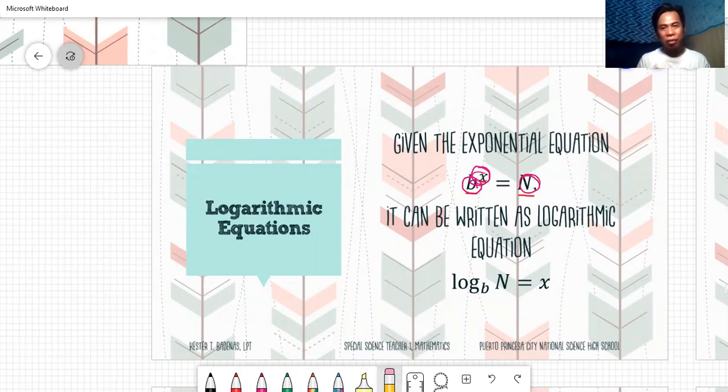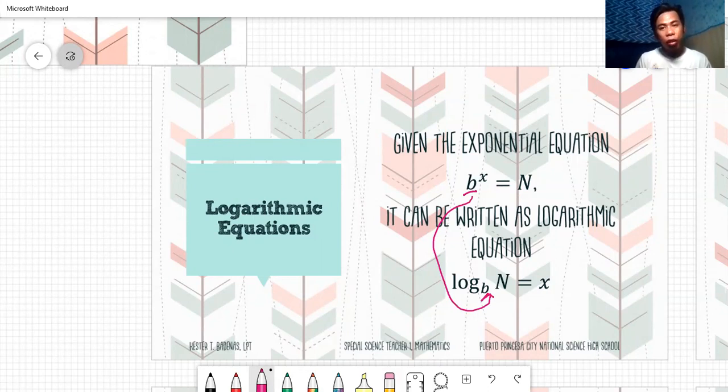So the base in the exponential equation would still be the base in the logarithm. That is said as base b because it's still the base. Kung ano pa yung base, siya rin yung base.